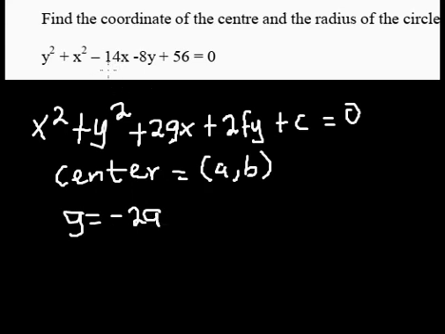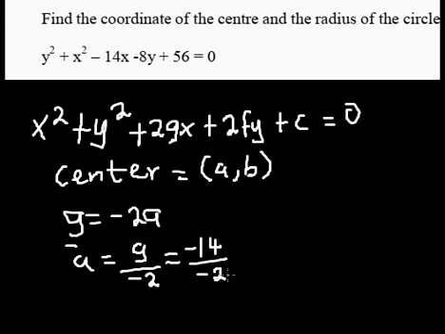So from this equation you know very well that g is the coefficient of x. So a is going to be g divided by minus 2. The coefficient of x in the equation given to us is minus 14. So it's minus 14 divided by minus 2. So my a is 7.